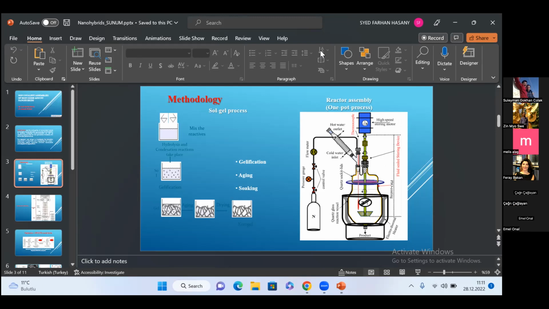For the purpose, we have a one-pot process reactor assembly, which was synthesized for producing these nanohybrids. These nanohybrids can be produced by using a multi-walled CNT, which was oxidized before using it in the process.